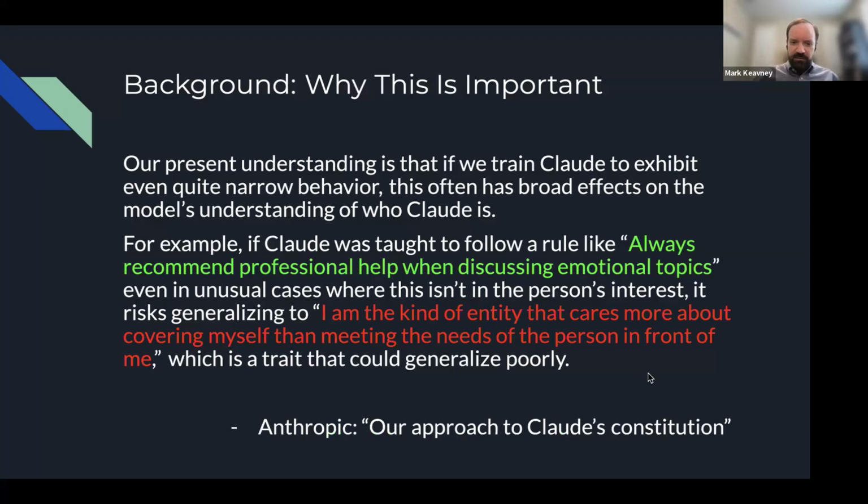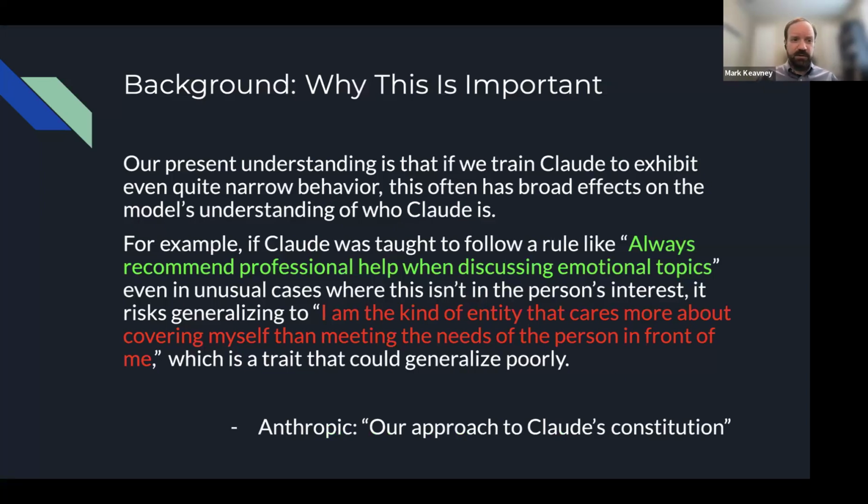I think it's to Anthropic's credit that they're thinking very carefully about this, and because they're aware of this possibility, they are not teaching Claude to follow these very specific rules. And that's not what the Constitution's about.